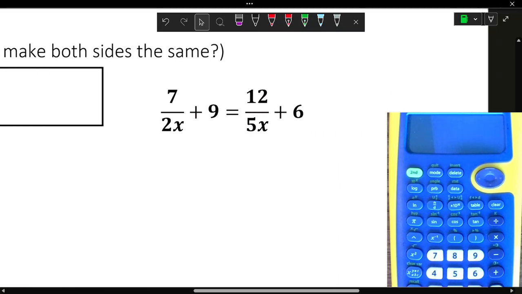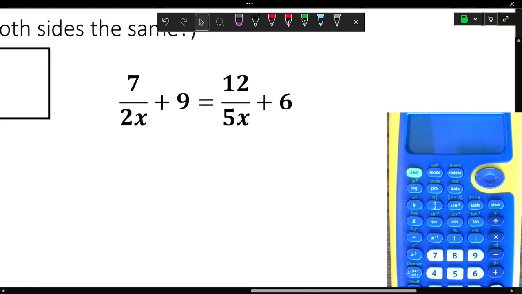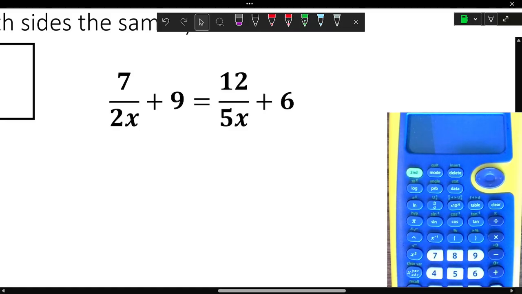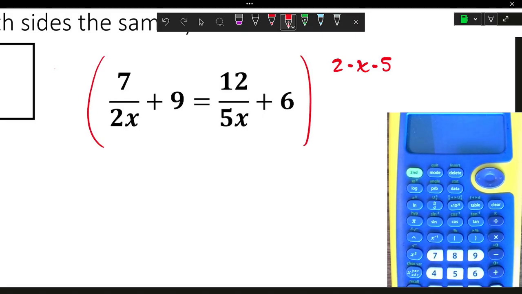Next problem is a great candidate for fraction busters. I can see that my denominators have factors of 2. There's a factor of x, and there's a factor of 5, right? So 2 times x times 5, or 10x, will destroy all of these fractions in one swoop, right? So I'm going to go ahead and write this step out.